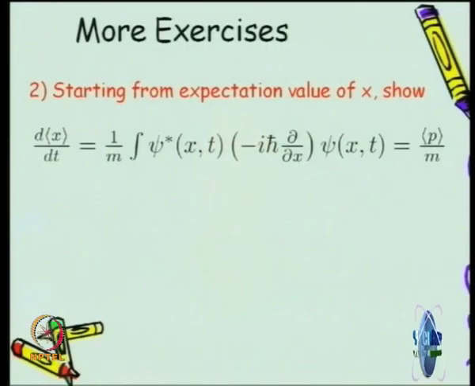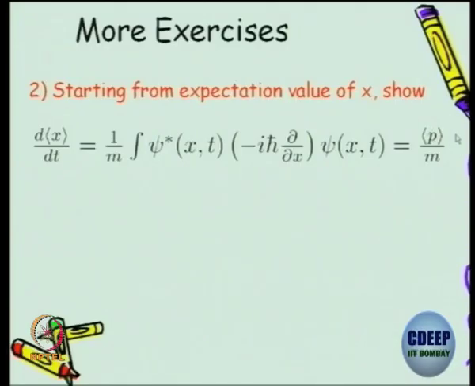So, what does this equation tell you? Classical mechanics, when you do, the extreme right hand side is actually velocity. Right? You can write this as mv, then it is expectation value of velocity.